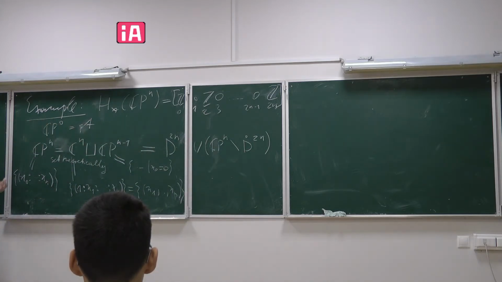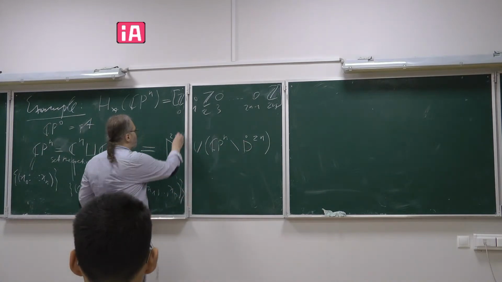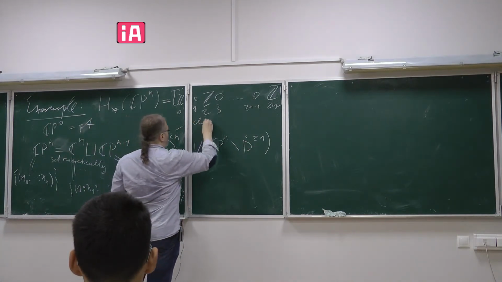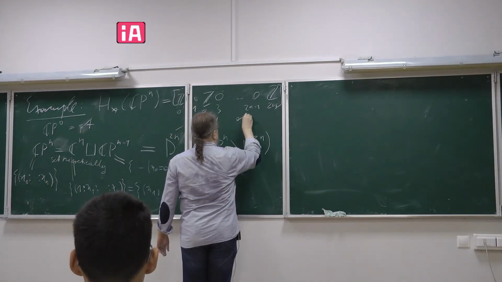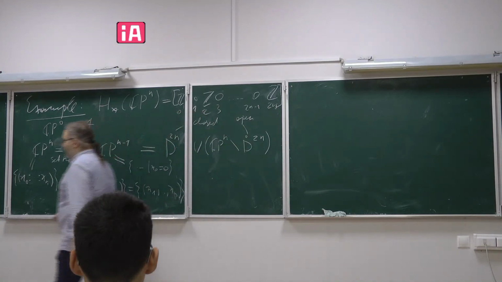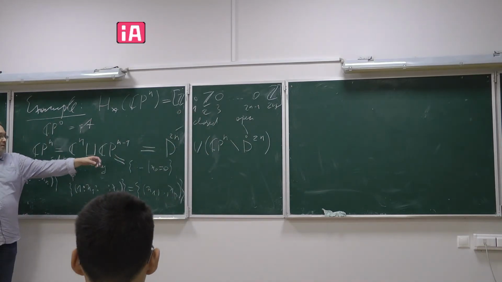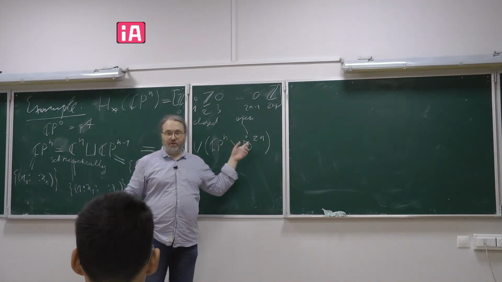We take the open, so this is the closed unit disk, and this is the open unit disk. We subtract the open unit disk, and this is the other space. So.